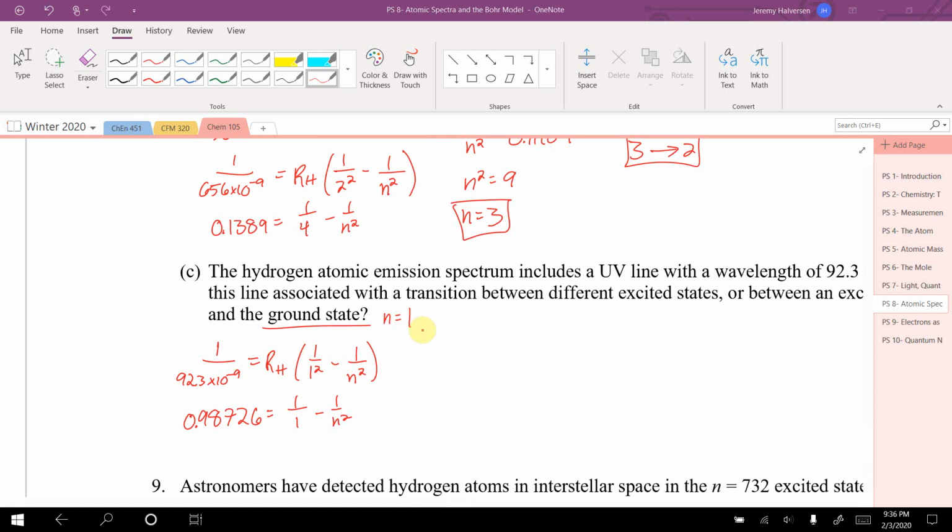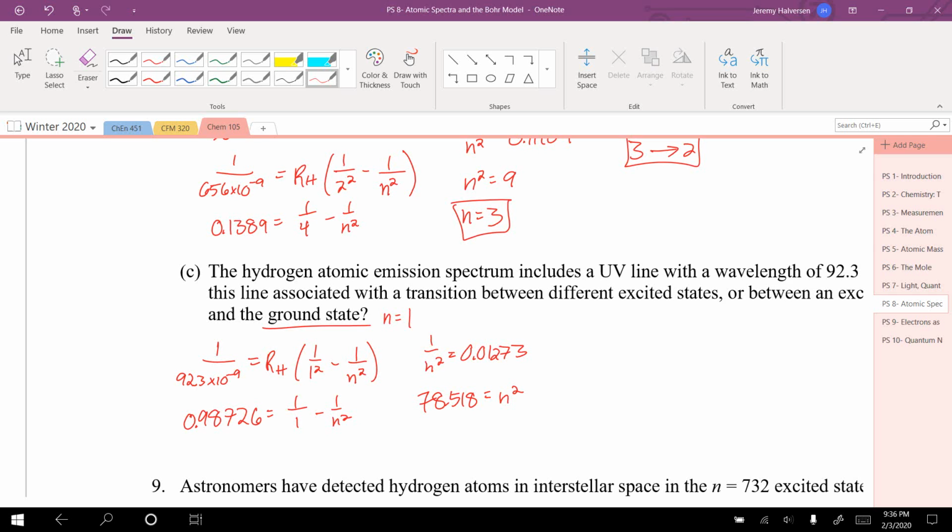And I get 1 over n squared equals 0.01273. So 1 over that answer. So I get 78.518 equals n squared. Take the square root of that number. Oh, that's pretty funky.